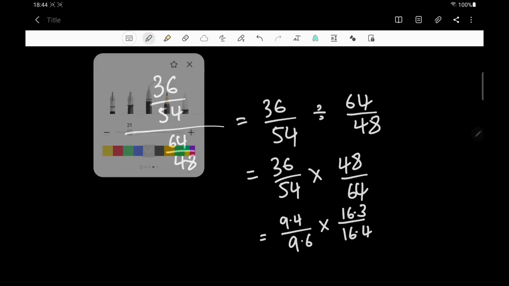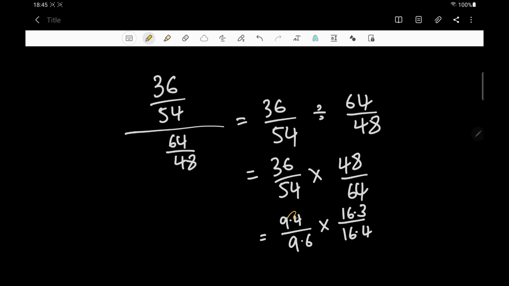So now we can do some cancellation there. Let's cancel 9 and 16, and the same is true for 4. So leaving the answer of 3/6.